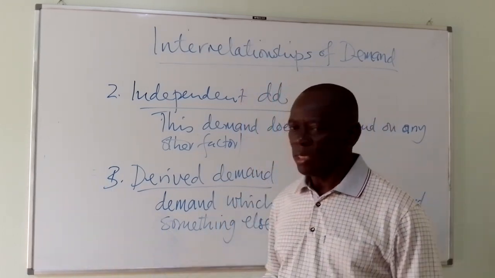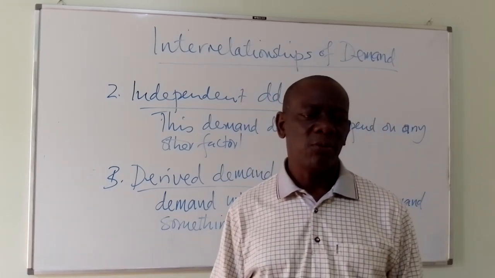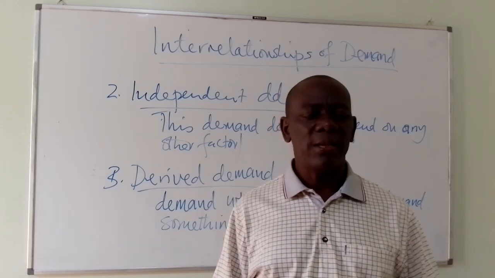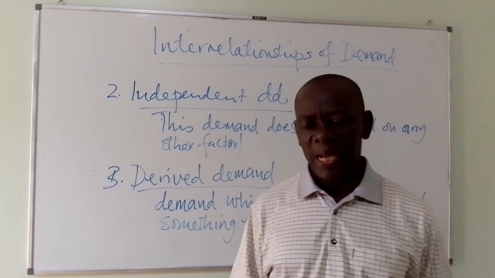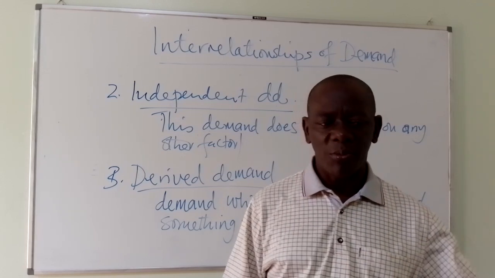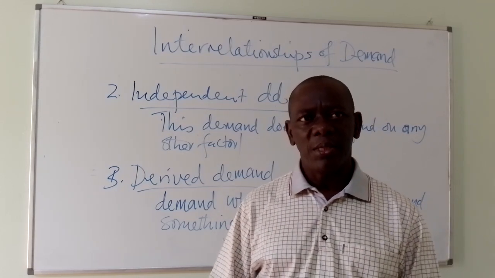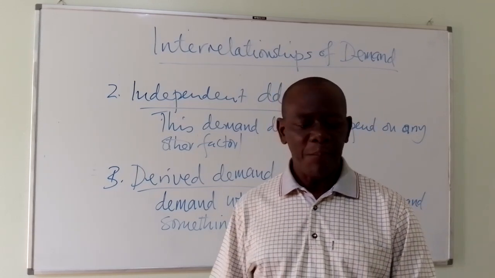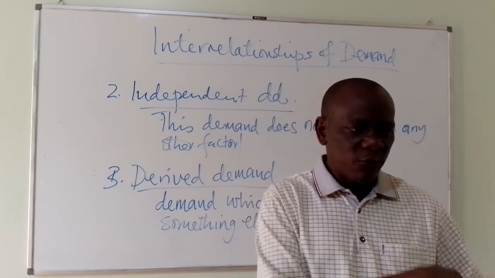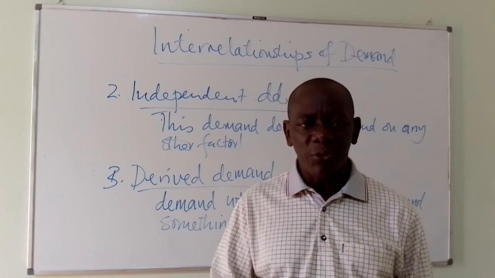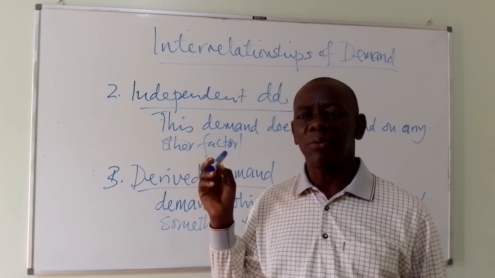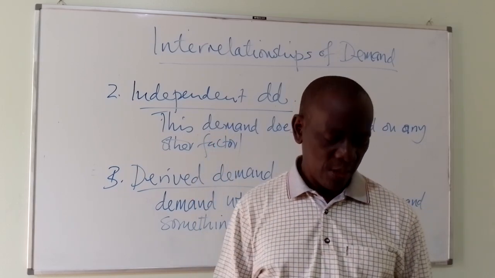So sometimes one demand is a result of demanding another factor, another aspect, another commodity. It might be a service that you are demanding, but you find people demanding so much of one commodity. The reason is that there has been an increase in the demand of a certain other commodity.